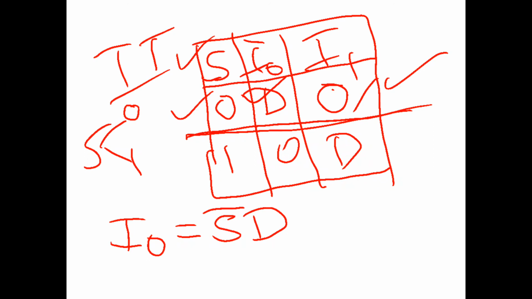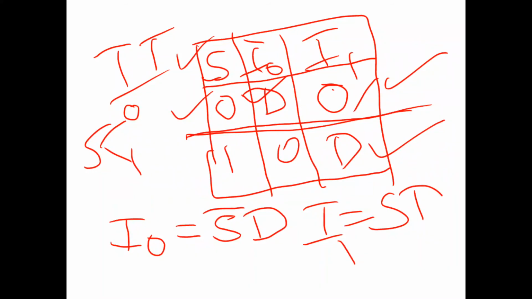Then following the second row, the output expression for I1 will be SD.